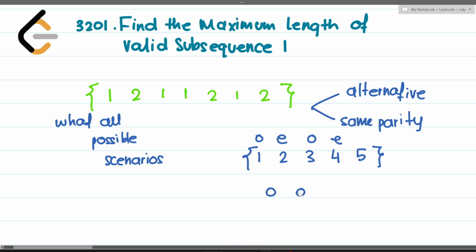But for example, if all of these numbers were like 2, 4, 6, 8, 10, then even plus even makes an even number, right? And all of them are even, so the parity is going to be the same throughout. The answer of this particular test case is also going to be equal to 5. And for example, if you had something like 3, 5, 7, 9, then 3 plus 5 is 8, 5 plus 7 is 12, 7 plus 9 is 16. If you combine two odd numbers, they also make an even.